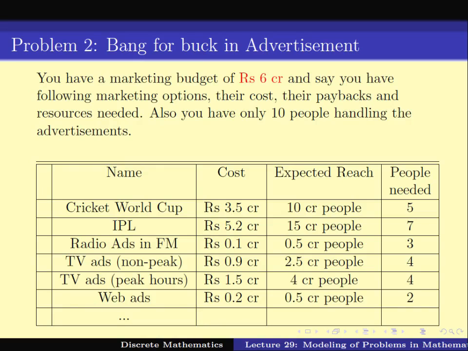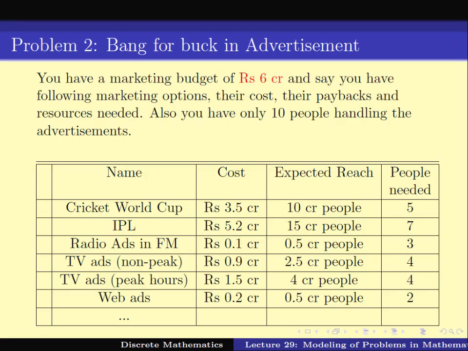The next problem is another problem from the industry world, namely bang for buck in advertisement. So for example, say you have a marketing budget of 6 crores, and you can spend this money in various ways.